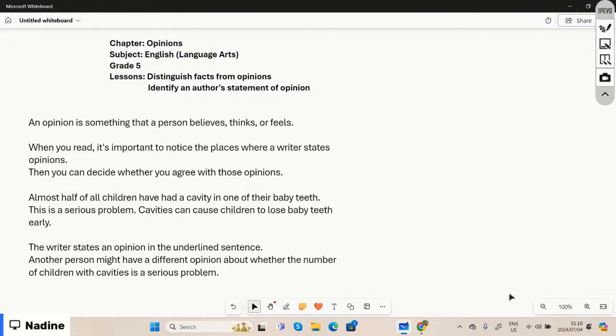And it is important to notice places where the writer states an opinion, because once we clearly look at where the writer states their opinion, then you can decide whether you agree with those opinions or you disagree, right? Because that is why we said an opinion is what somebody believes is true, what somebody thinks is true, or what somebody feels is the truth, right?